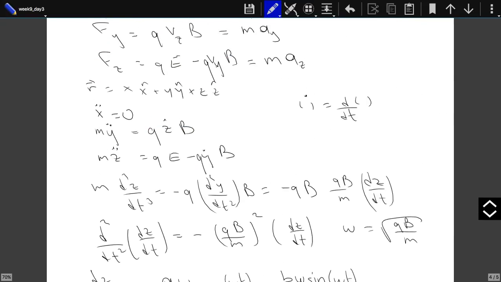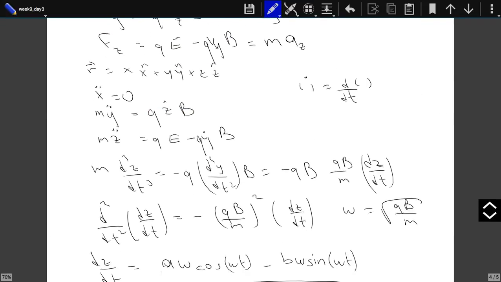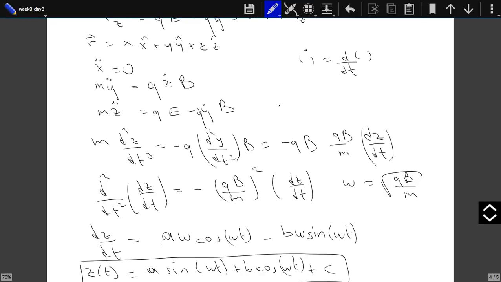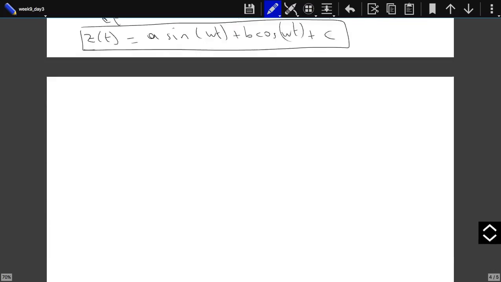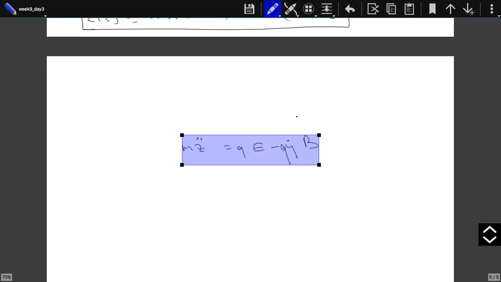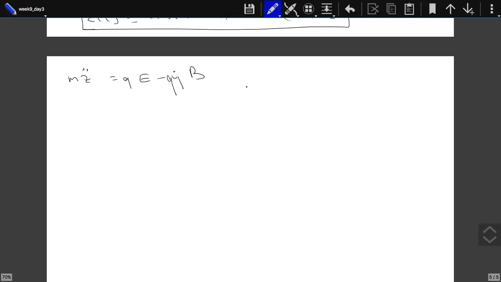Now we still need to find y. Let's look at this equation. Well, this tells me that y dot is equal to q times e minus m times z double dot, divided by q b.